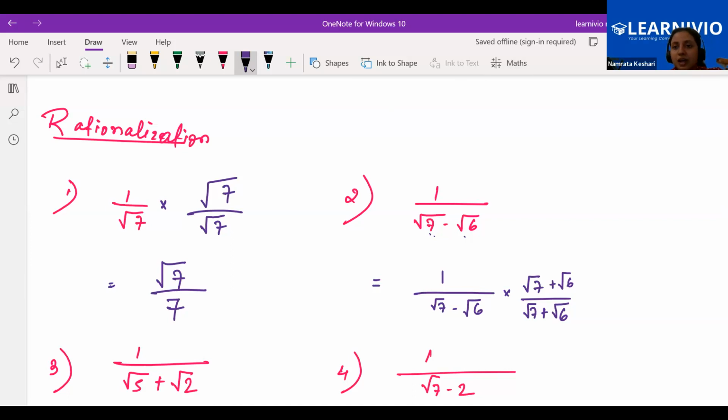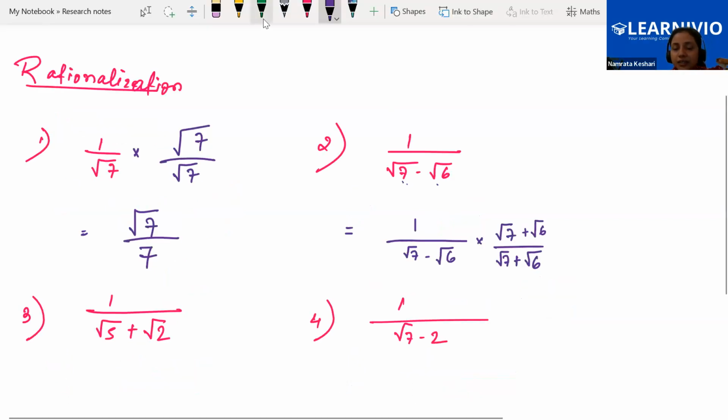So previous day we were already discussing the concept of rationalization. We are continuing with that. First one, if you can see, Sarah, it must be clear to you. The second one, again the same: 1 by root 7 minus root 6. The purpose is the same, to remove a square root sign from the denominator.